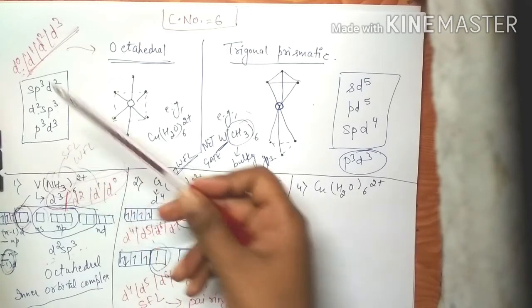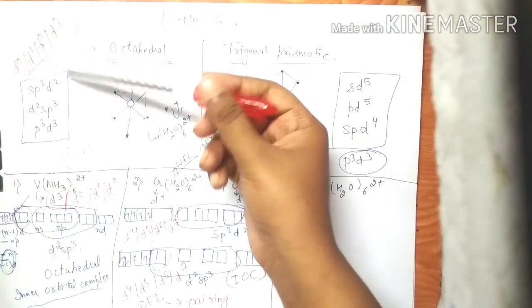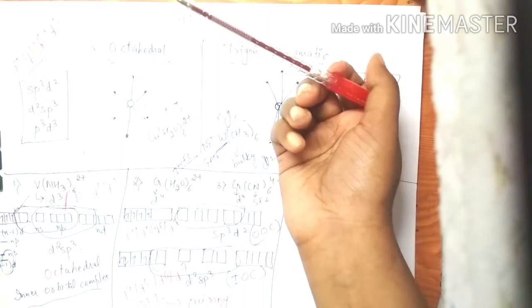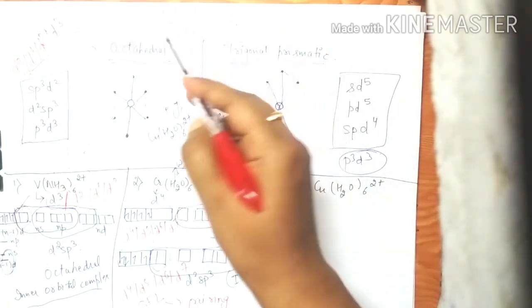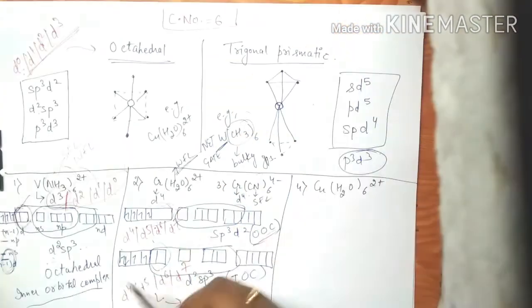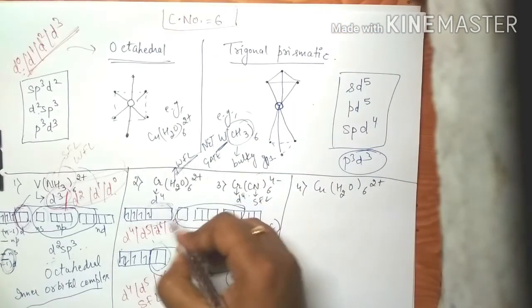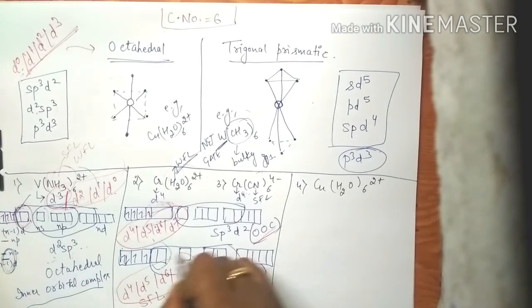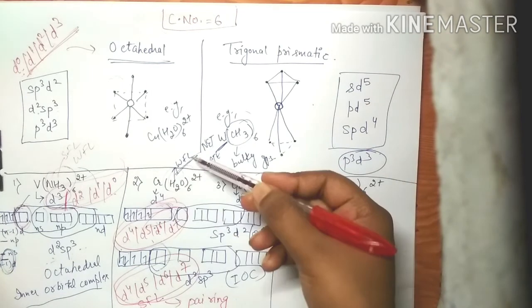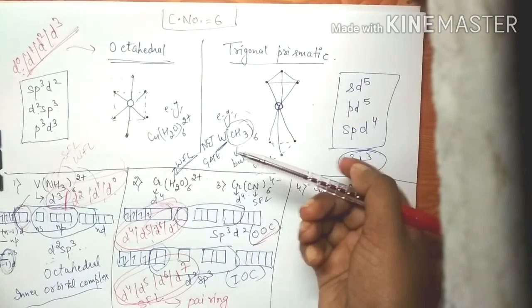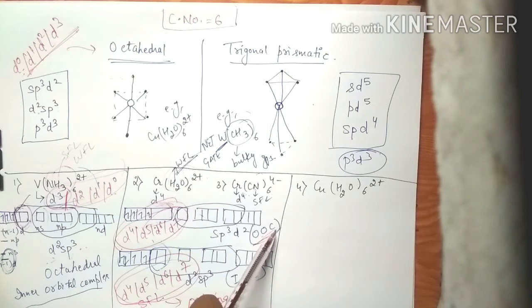In case of d0, d1, d2, d3, we do not need to look at whether the ligands are strong field or weak field. The complex is going to be octahedral. But for d4, d5, d6 and d7, we have to look at whether the ligand is strong field or weak field. If it is a weak field ligand, pairing will not take place and an outer orbital complex will be formed. If it is a strong field ligand, pairing will take place and an inner orbital complex will be formed.